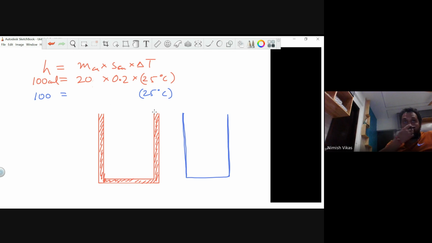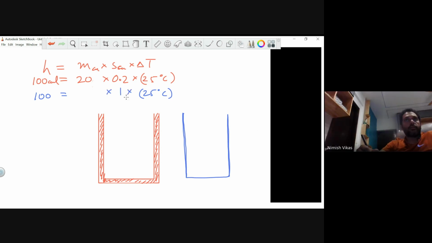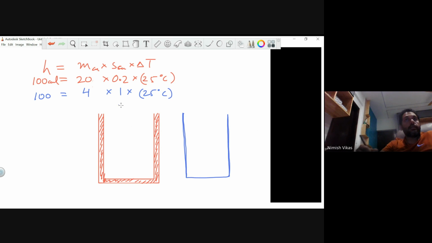So what should be the weight of that water vessel? What was the S of water? 1. So it will be 4. Is that clear? Yes, sir. So we say that 4 is the water equivalent for this copper.